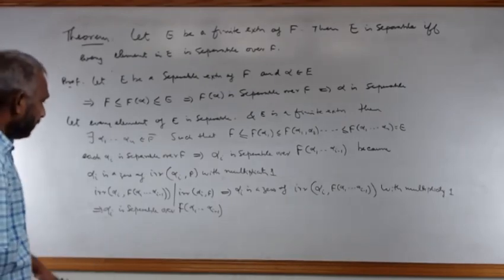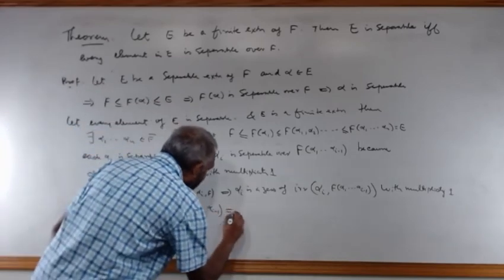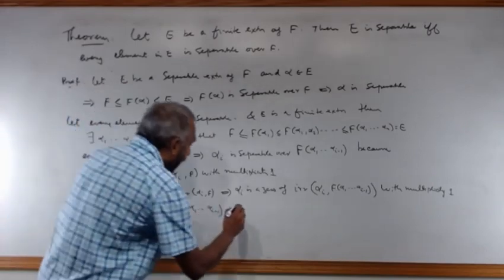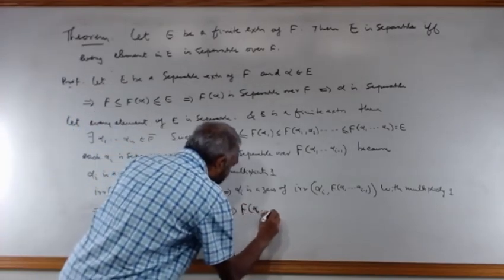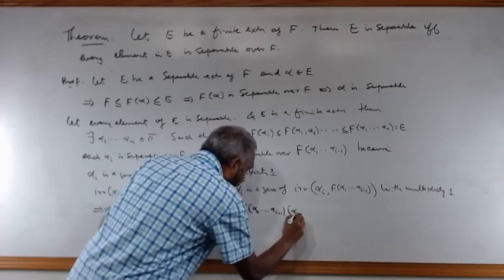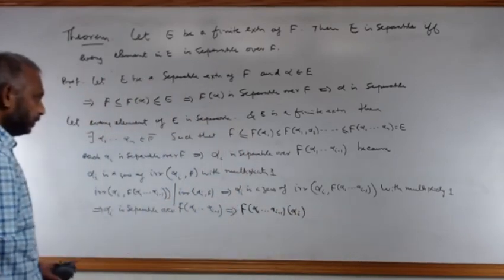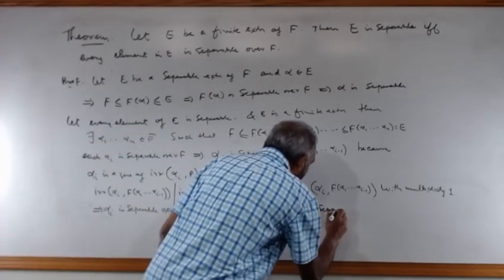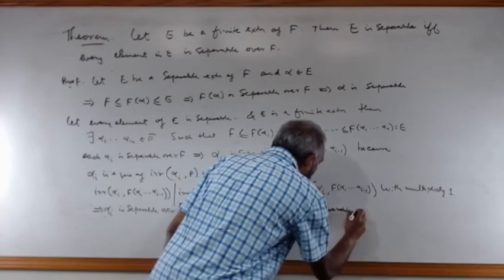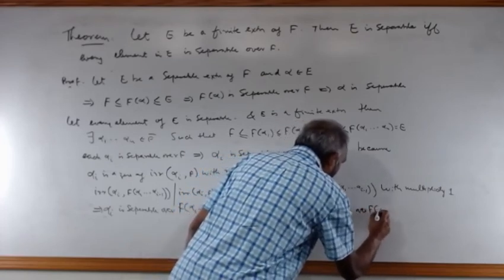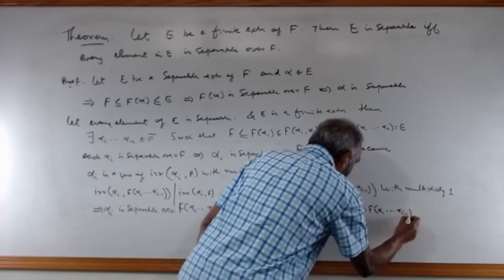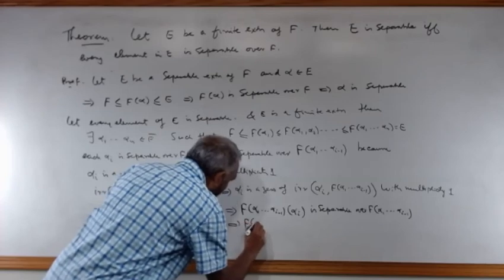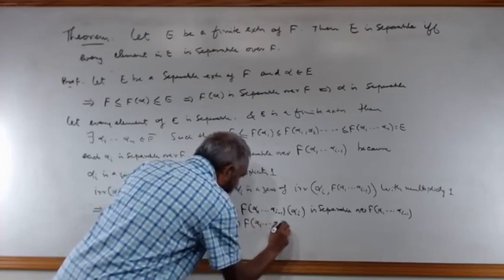And what does this mean? This means that F(alpha 1, ..., alpha i-1)(alpha i) is separable over F(alpha 1, ..., alpha i-1). And what is this? This is nothing but F(alpha 1, ..., alpha i).